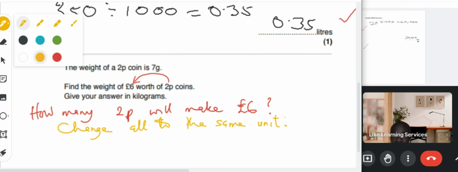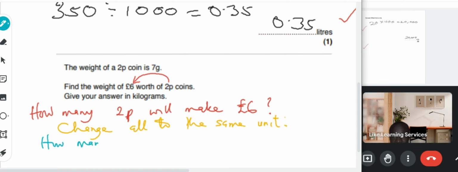600. So what I actually wanted to do, these are the steps you need to take. Anyway, let me just write them. 6 pounds is equal to how many pence?